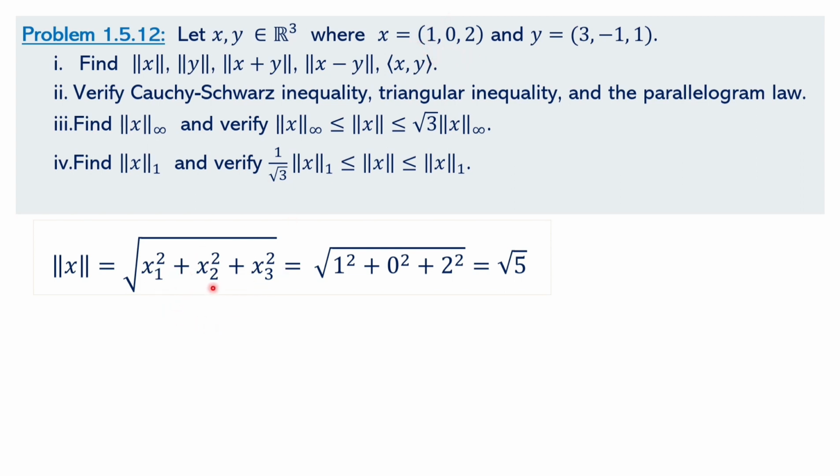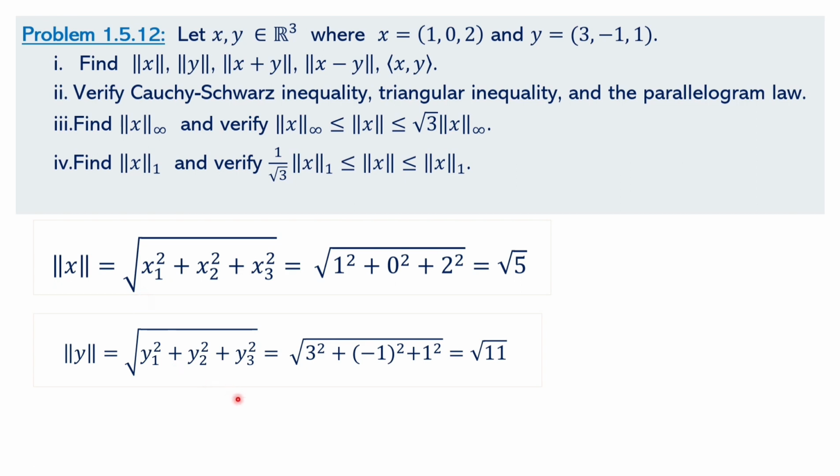So first let's have the norm of x, which is x1 square plus x2 square plus x3 square, means component square and then square root. So 1 square plus 0 square plus 2 square, which is square root of 5. Then the norm of y with the same formula gives 3 square plus minus 1 square plus 1 square, which is square root 11.